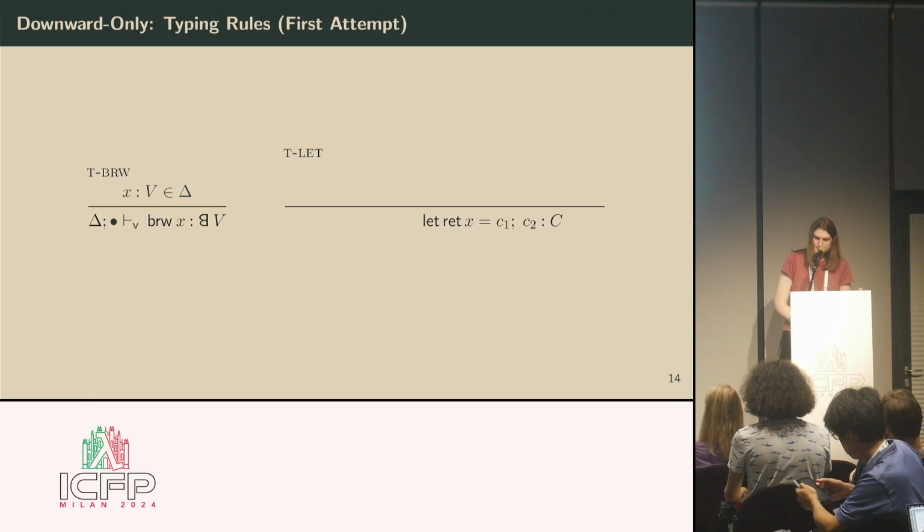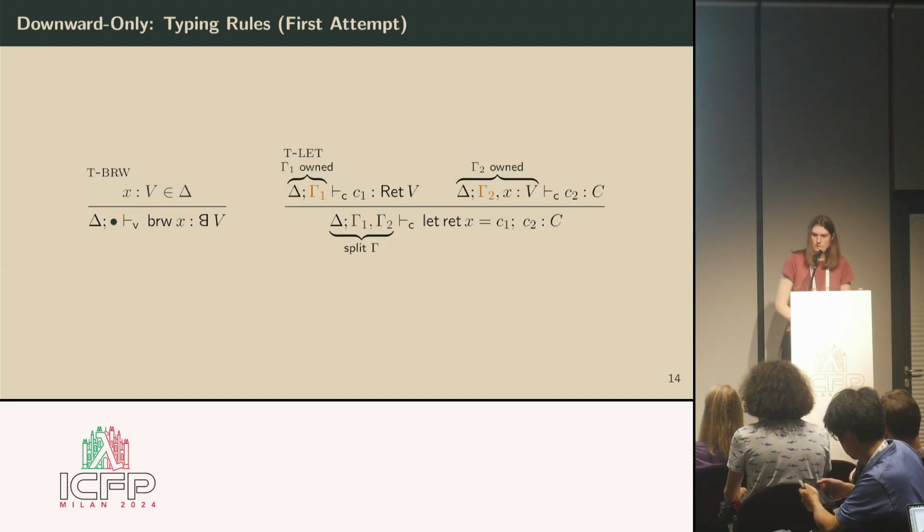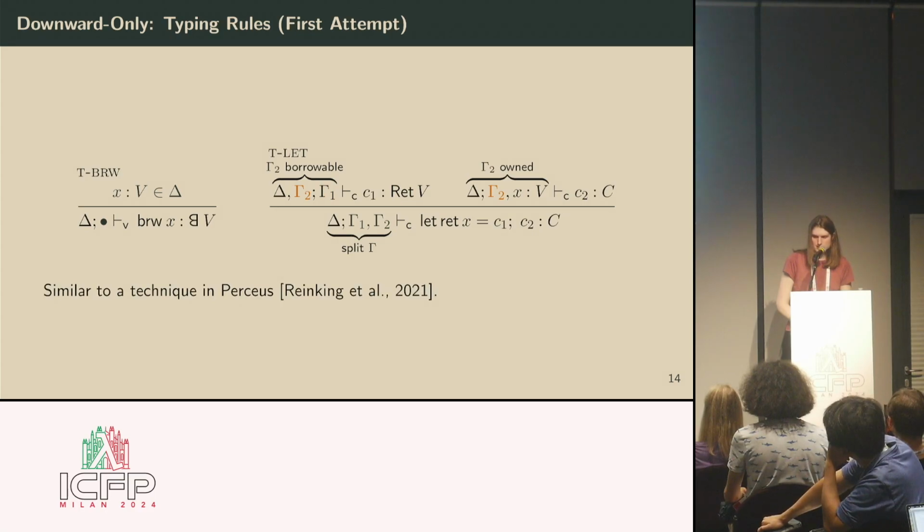And if we want to do sequencing of 2 computations, first we split the context, like in linear languages. And so in a normal linear language, you would give gamma 1 to C1 and gamma 2 to C2. But our language is not a normal linear language, and borrowing is actually a relaxation of linearity.